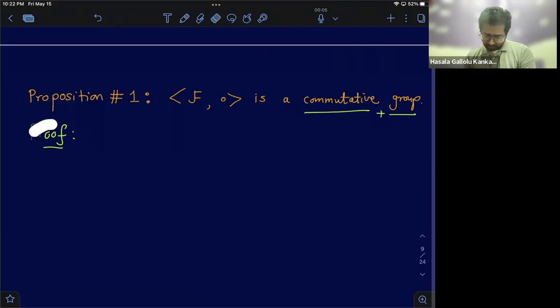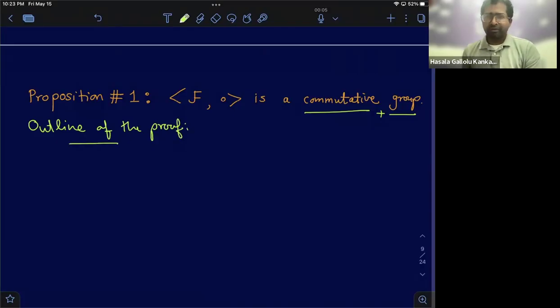Rather than saying the proof, I'm going to say the outline of the proof. All we need to do is to identify these pieces. First of all, we need to make sure that F, this collection of mappings from M to M, is not going to be empty.